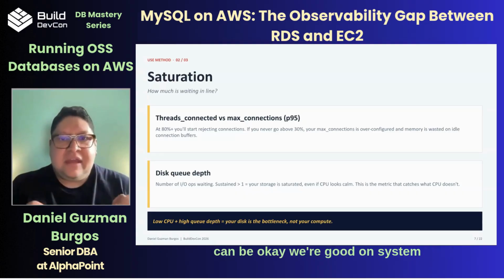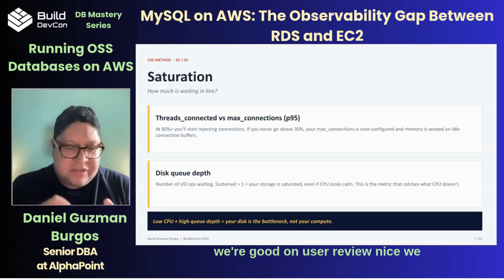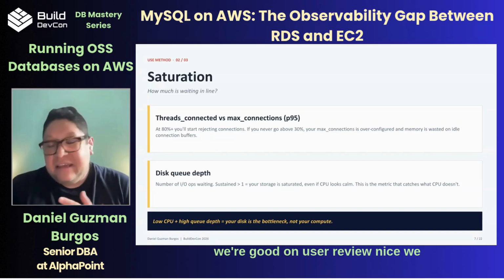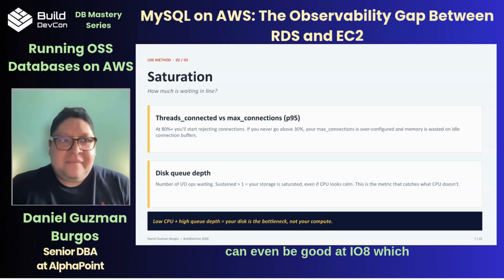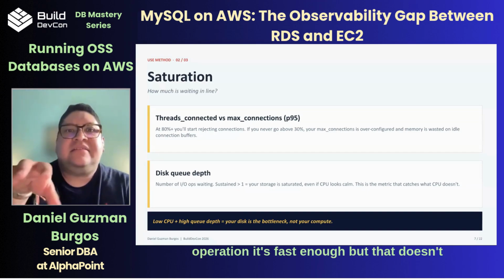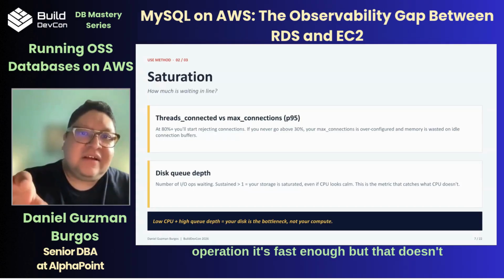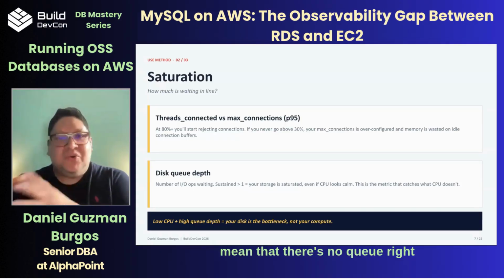CPU can be okay, we're good on system, we're good on user, we're good on nice. We can even be good on IO wait, which means that when there is a disk operation, it's fast enough, but that doesn't mean that there's no queue, right?